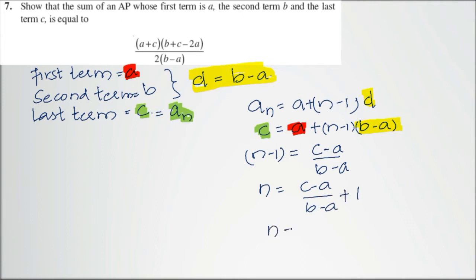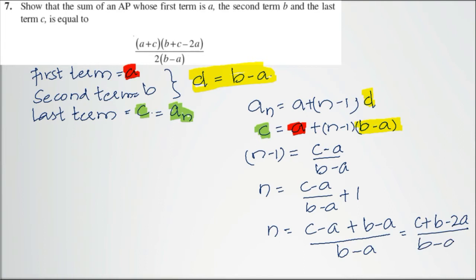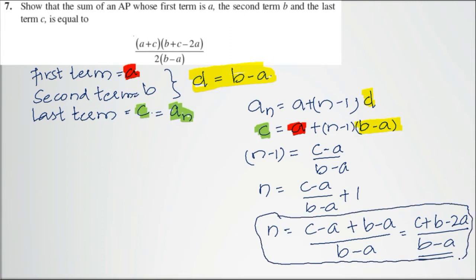So n value is c minus a plus b minus a divided by b minus a, nothing but c plus b minus 2a divided by b minus a. This is the value of n.